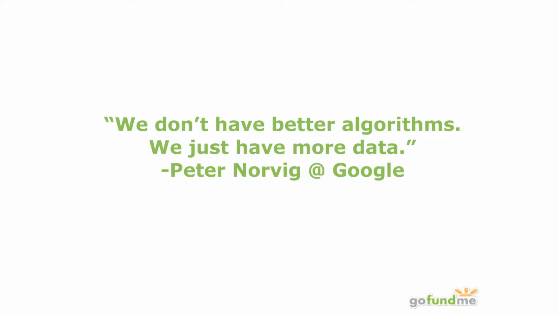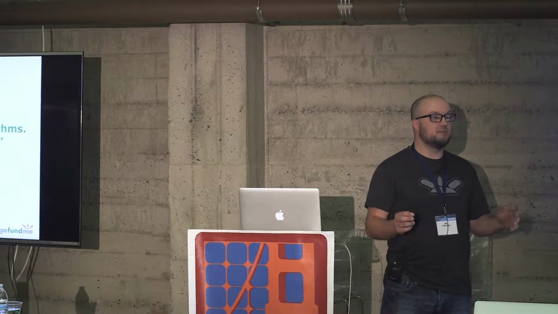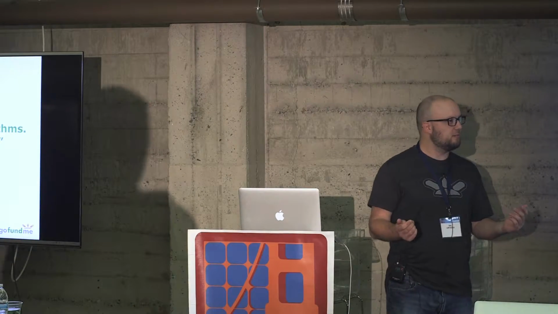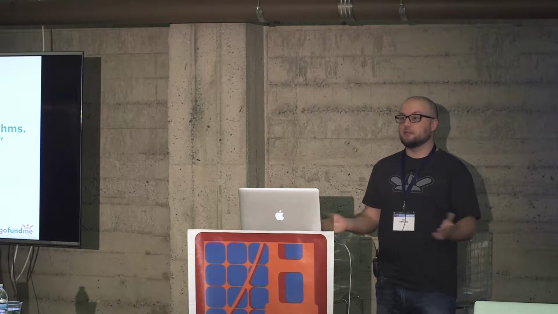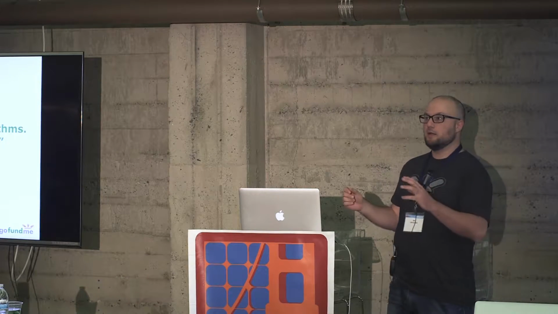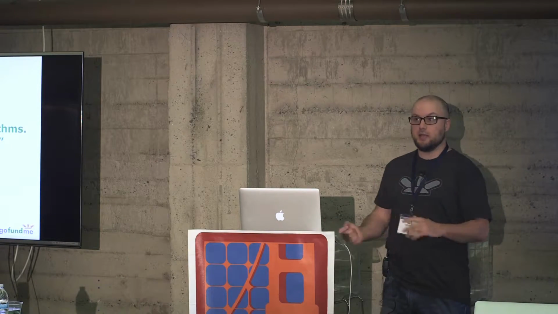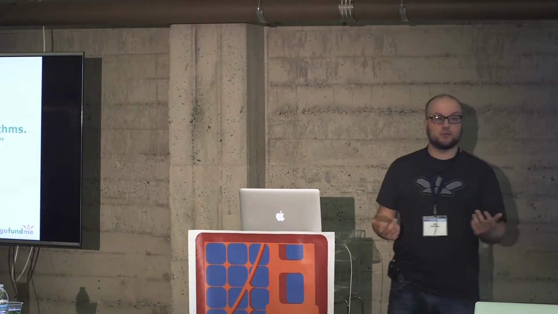So I want to actually mention a quick quote, because it specifically applies to the type of receivers I'll show you how to build today. And this one's from Peter Norvig. We don't have better algorithms, we just have more data. It's theoretically attributed to him. I think he might have denied this quote. But this quote appears in lots of general data science presentations, where it says more features is better than more data, and more features is better than better models, and more data is better than more features.